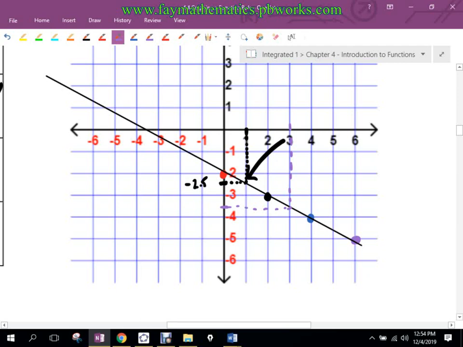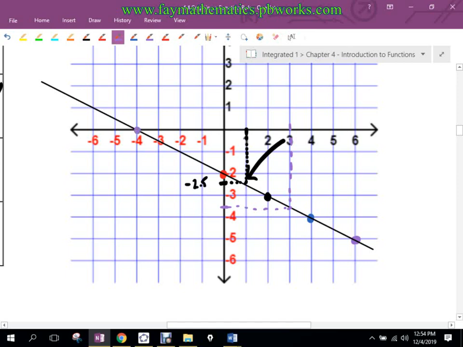Let me fix the line a little bit here, see if I can make it a little better so it actually goes through. There we go. What do you think I'm going to get if I plug in -4 for my x value? If x was -4, what's the y value that goes with -4 on that line?